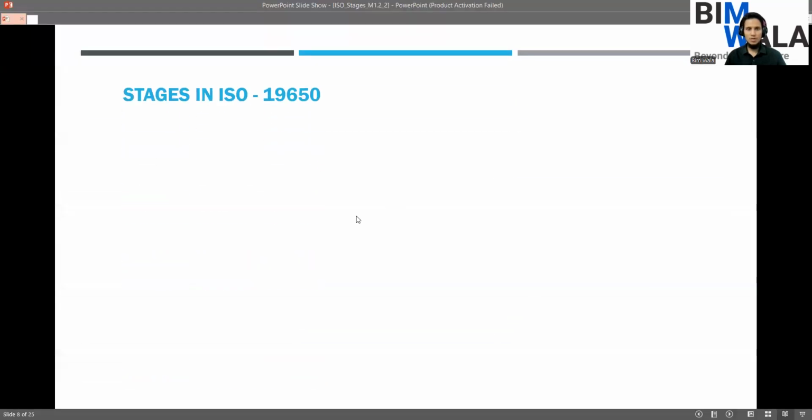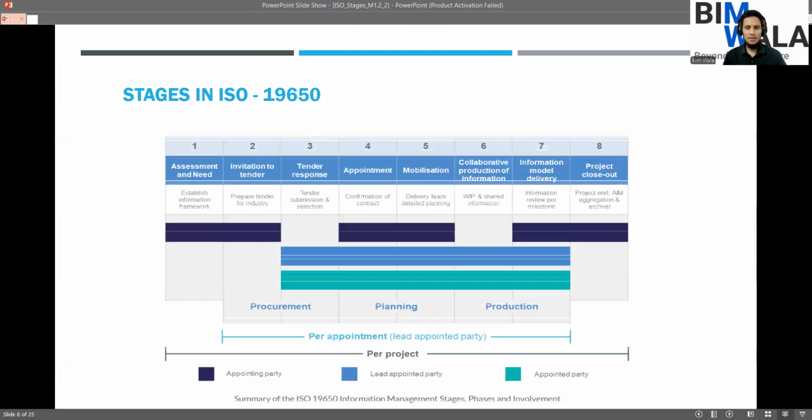Let me use this PPT mode. So I'll be discussing stages in ISO 19650. As you see, we have 1, 2, 3, 4, 5, until 8. We have 8 stages.